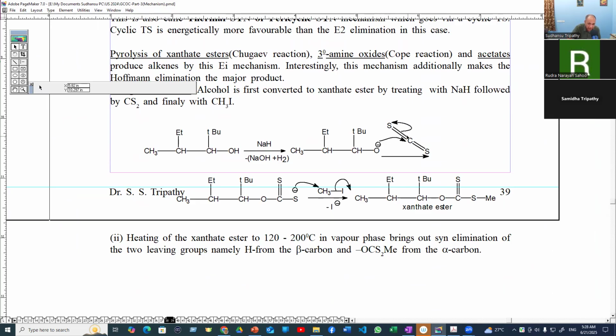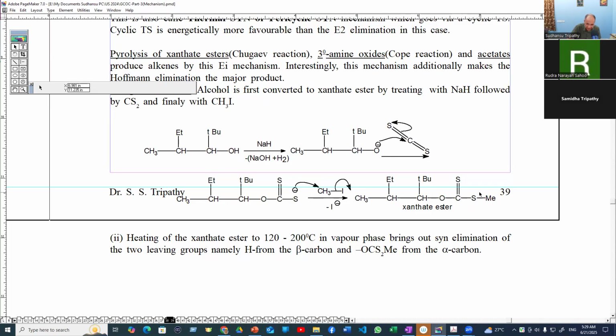So this will attack the carbon and there will be polarization to produce this intermediate with S minus. Then treat it with methyl halide or any alkyl halide, usually methyl halide. S minus is a very good nucleophile, being a soft base, so it will attack. I minus will go, giving SMe. So in three steps: first it is converted to alkoxide, then carbon disulfide forms a xanthate salt, not ester. Then with methyl iodide, it forms a xanthate ester.